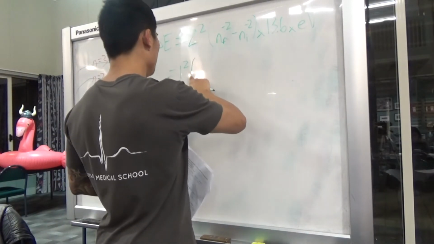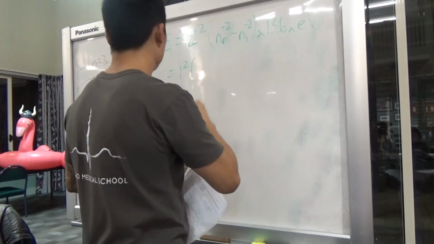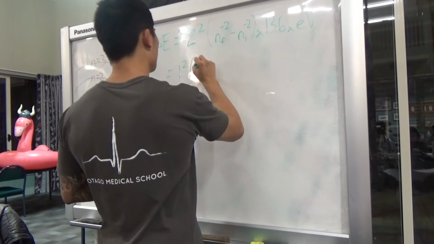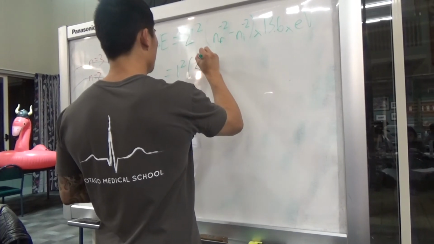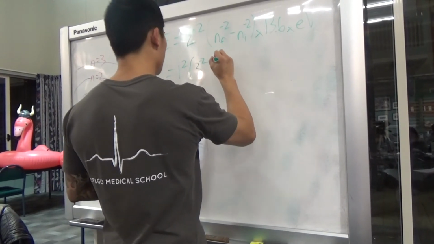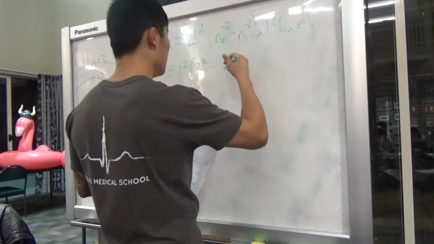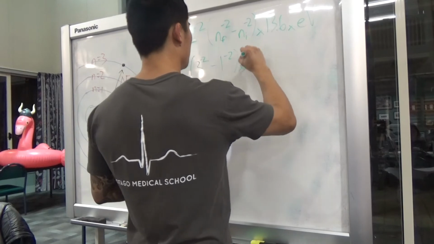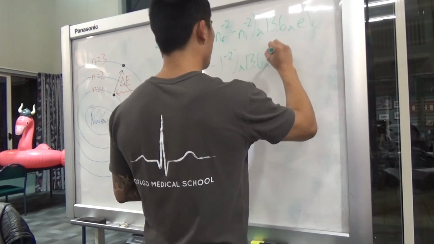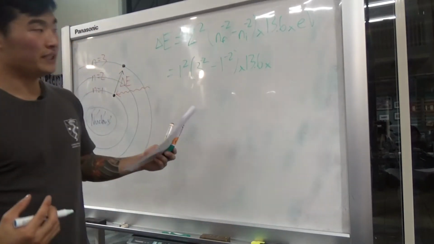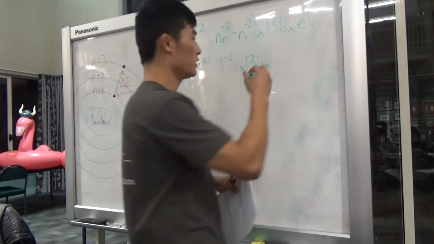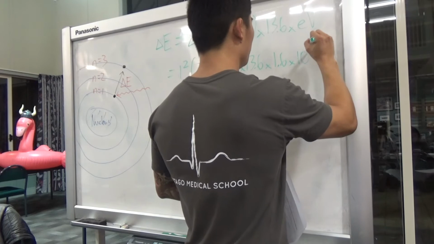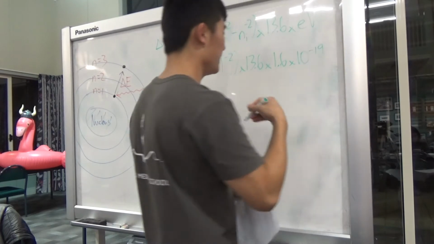And then the final energy level is 3, so 3 to the power of -2 minus our initial energy level, which was 1, so 1 to the power of -2, times 13.6. We want our energy to be in joules, so we have to convert it by multiplying by 1.6 times 10 to the -19.